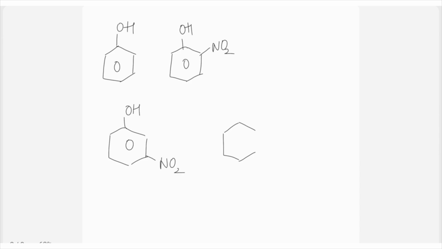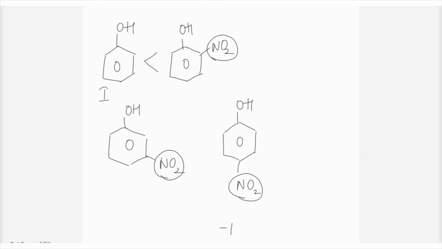Then we have paranitrophenol. Since in the first molecule there is no electron withdrawing group, this will be least acidic. Now NO2 being the minus R group, its effect is greater at ortho and para positions.